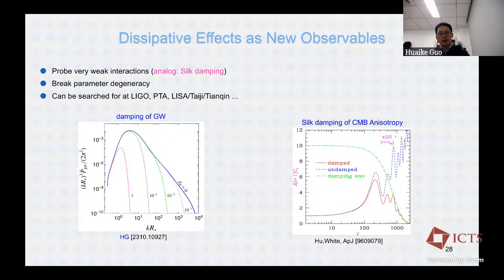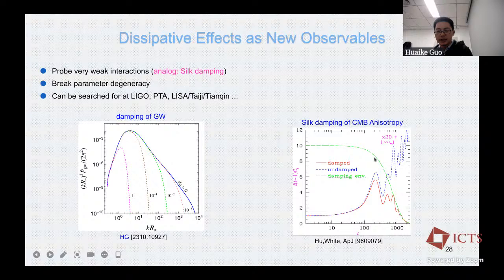This phenomenon is very similar to the Silk damping in the CMB anisotropy that we observe. Without the Silk damping, what we calculated is the blue dashed one, and with the Silk damping, what we observe is the red one.